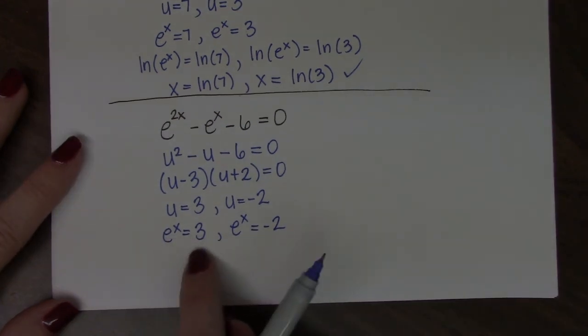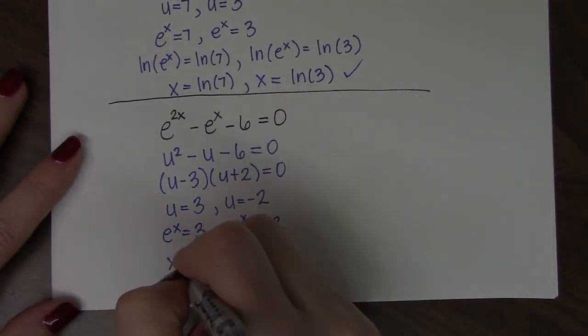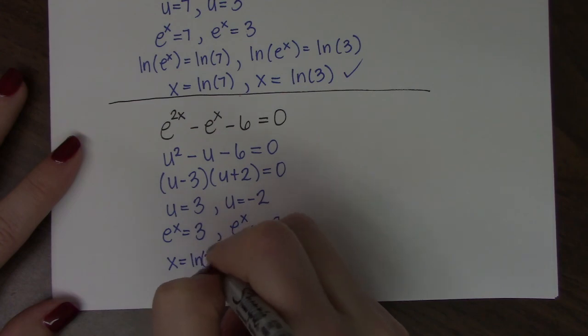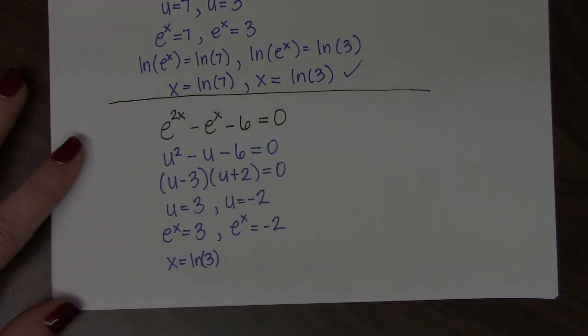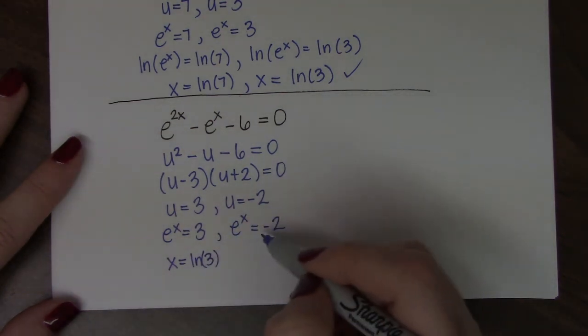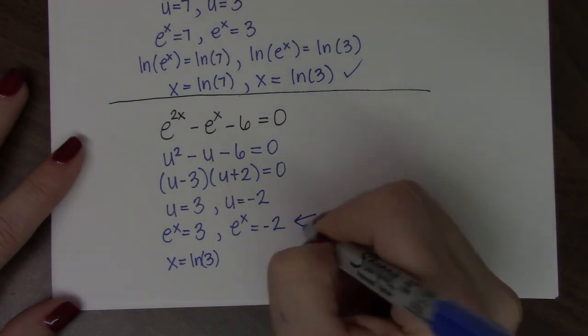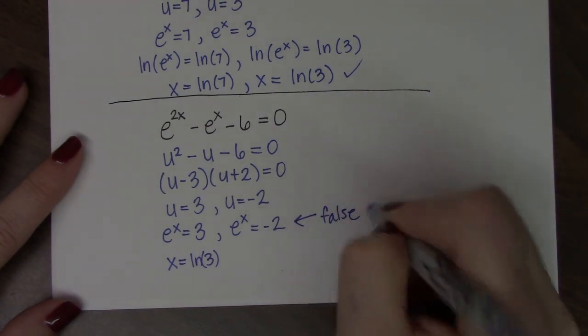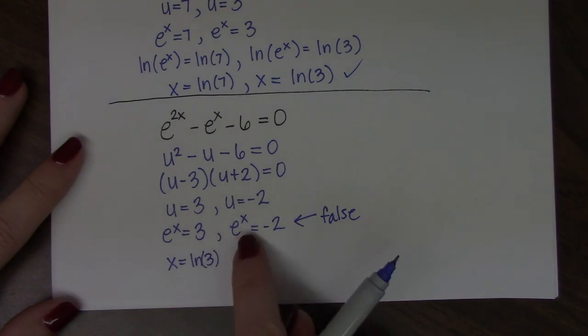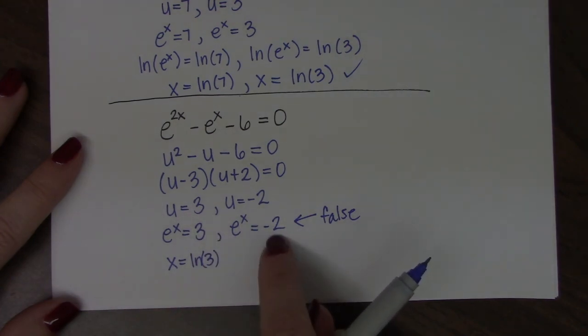So for this expression, I can take the natural log of both sides and see that natural log of 3 equals x. But right here I have a problem.